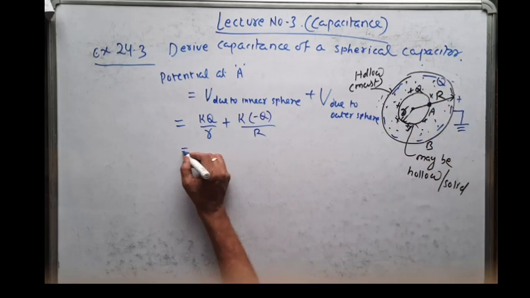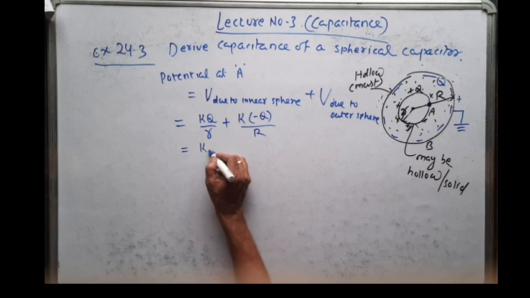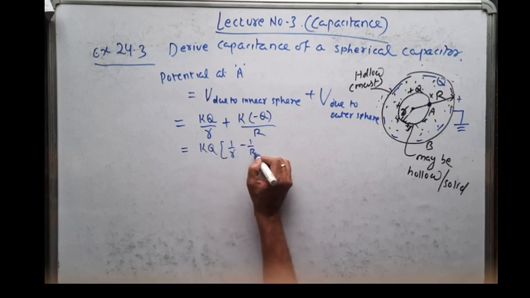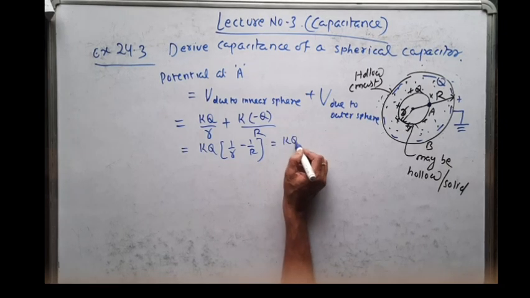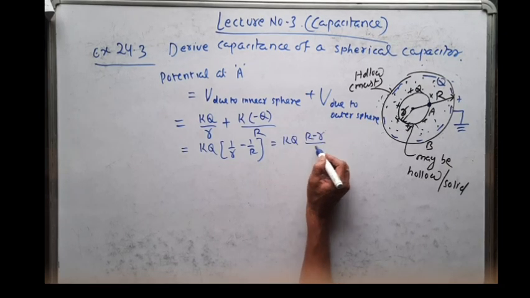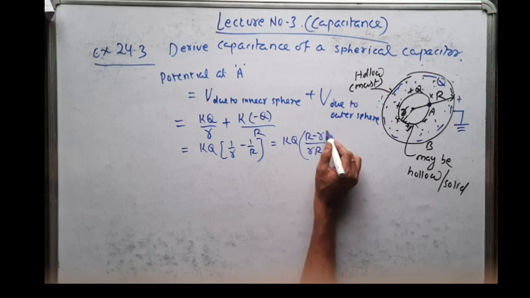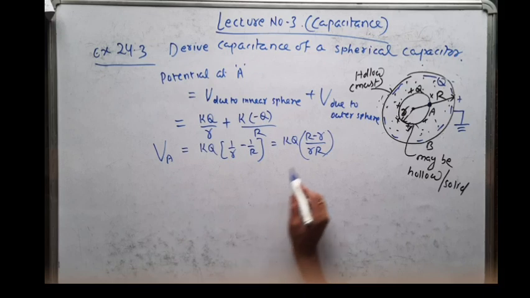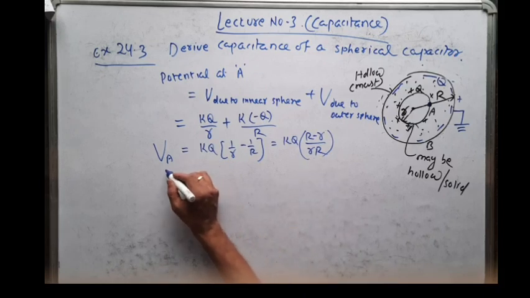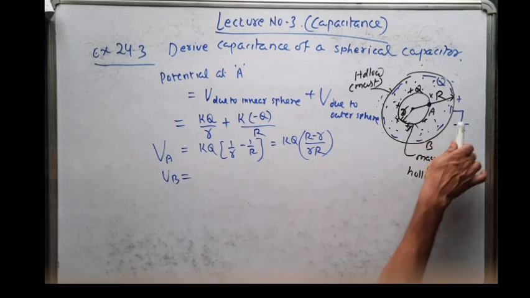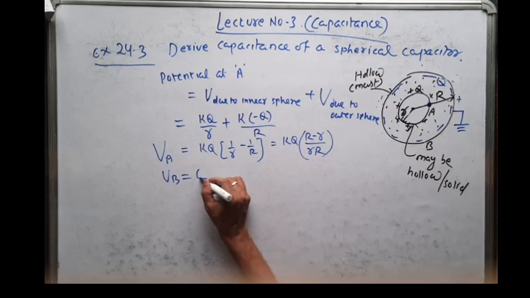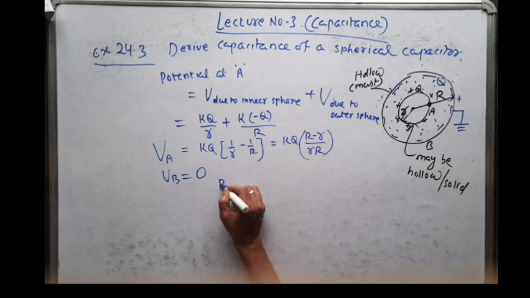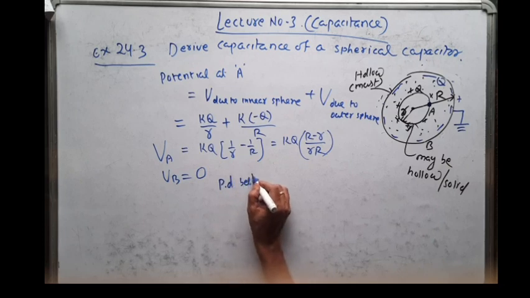So now you can write, common is KQ, 1 by r minus 1 by R, that is equal to KQ (R minus r) divided by R into r. So this is the potential at point A. Then what is the potential at B? Since it is connected to earth, the earth potential is 0, so VB is equal to 0. So now what is the potential difference between the two conductors?